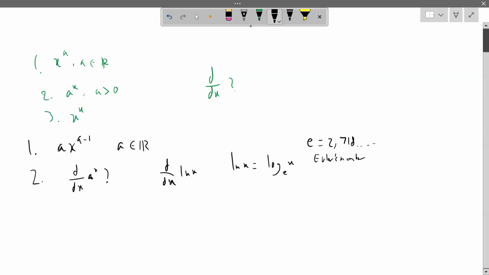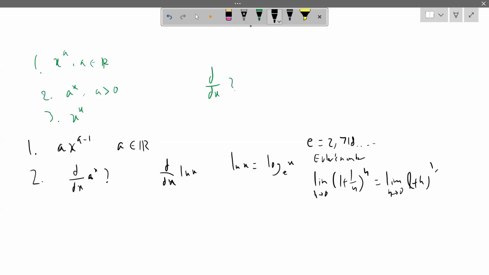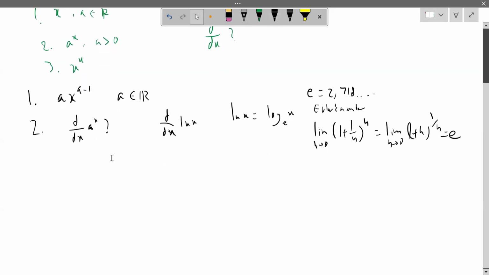Another definition for this number is the limit of 1 plus 1 over h to the power of h as h approaches 0. You can also swap the h and 1 over h, and the result will still stay the same. Right, so that's a bit of an introduction to the natural logarithm function.